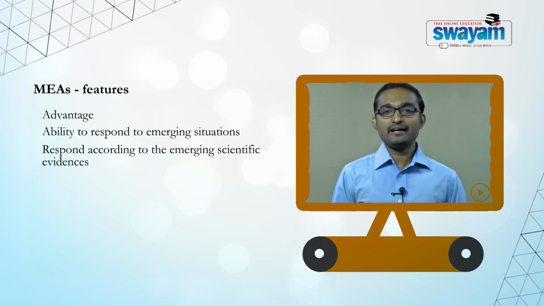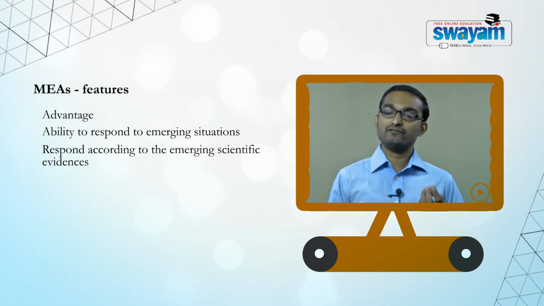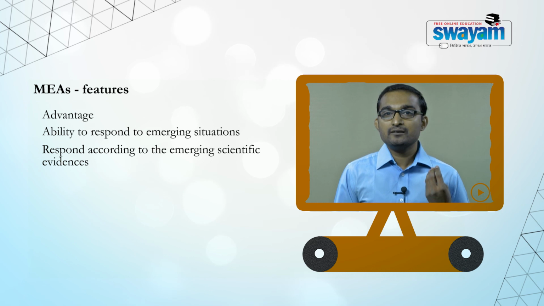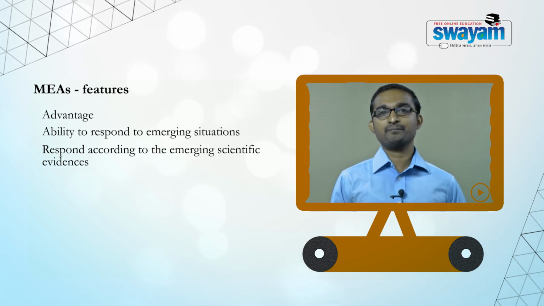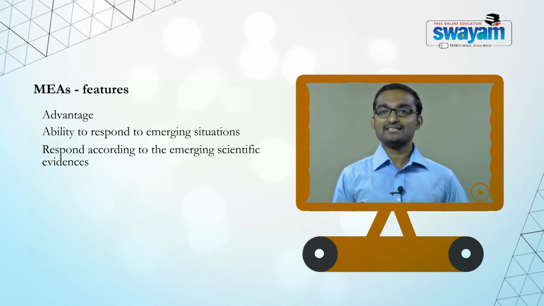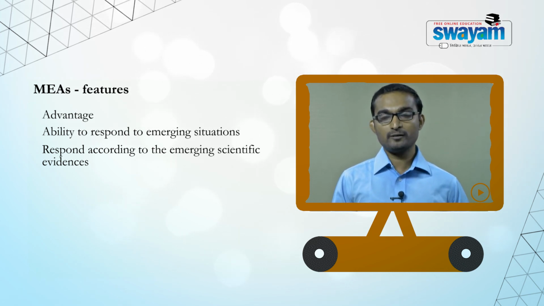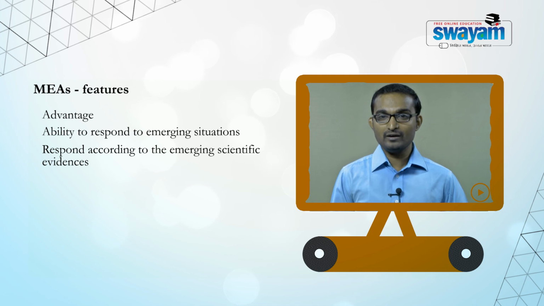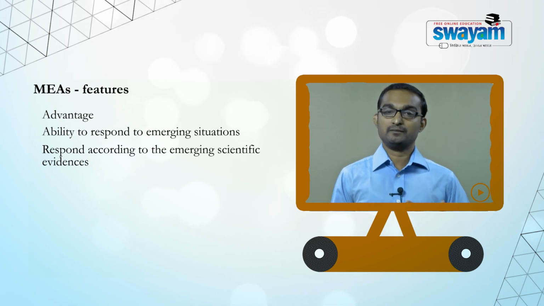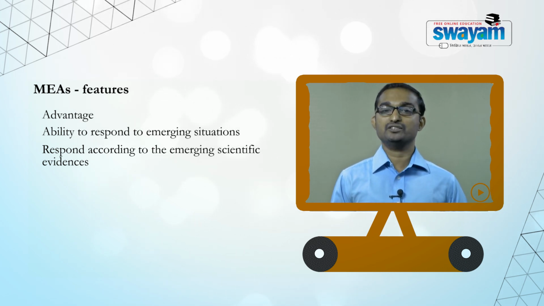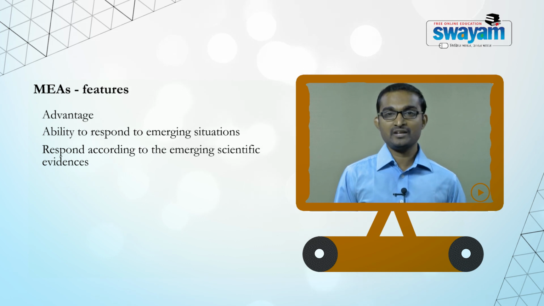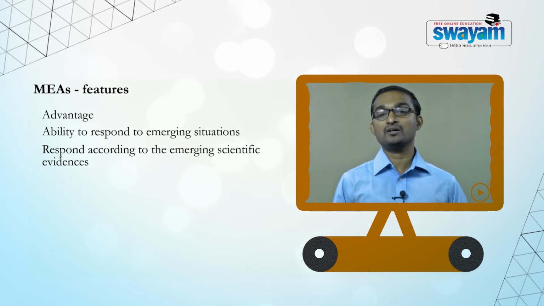So multilateral environmental agreements have flexibility, which enables the international community to address these issues as and when they get more and more scientific evidence, as and when the international community becomes more aware of these issues, their root causes and the possible alternatives or solutions.